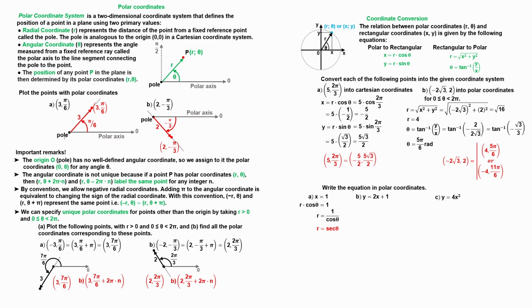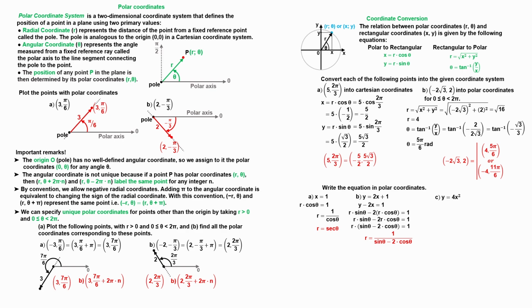To solve part B, subtract 2x from both sides. Replace x with r times cosine of theta and y with r times sine of theta. Let's rearrange the terms and factor out r from the left side, and finally solve for x.